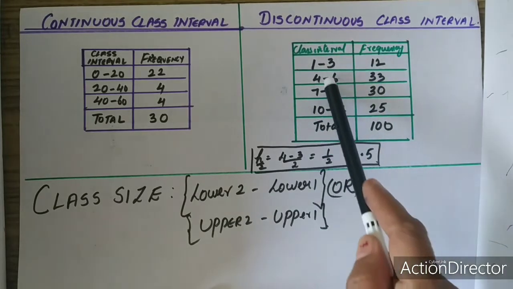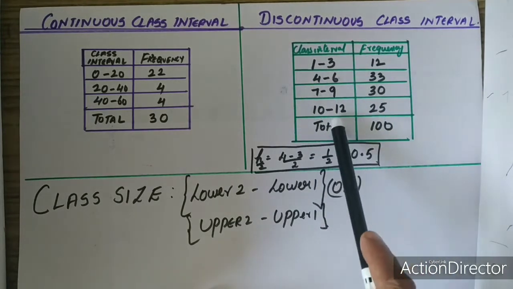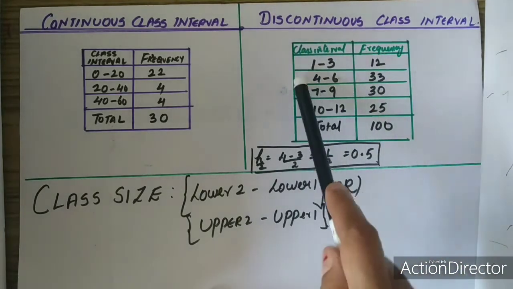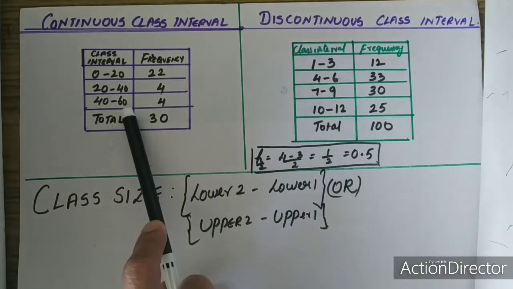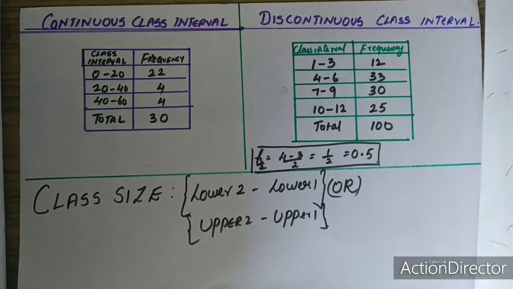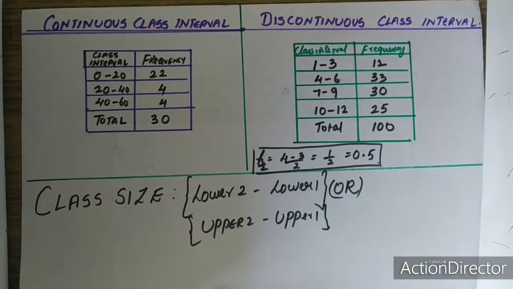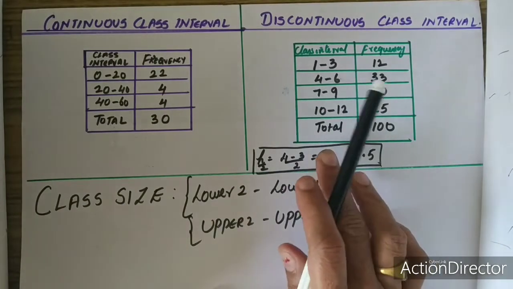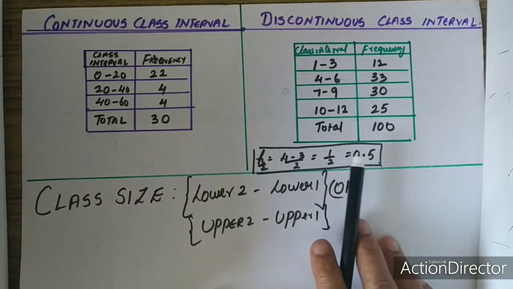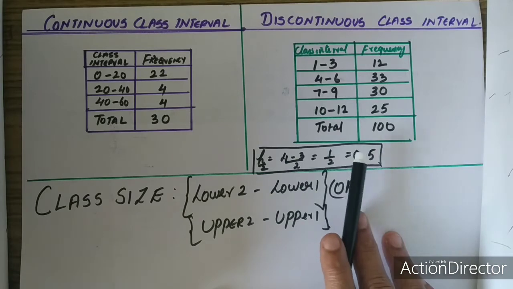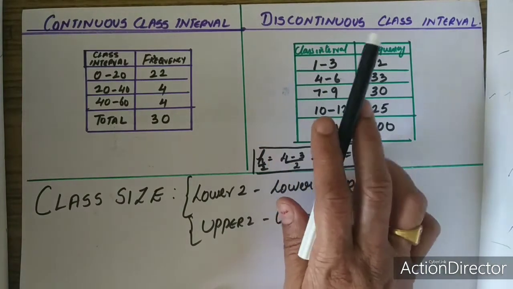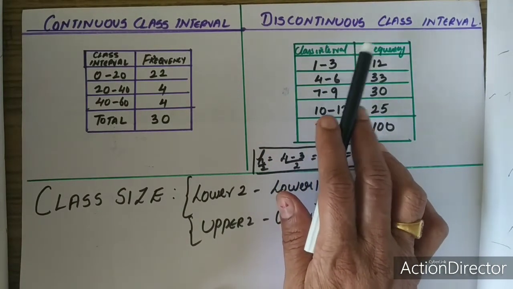And when you do this to all these class intervals, the full class group will become continuous. So this is the rule over here. Hope you understood how to convert the discontinuous one to the continuous one, and why we subtract 0.5 from the lower limit and add 0.5 to the upper limit.